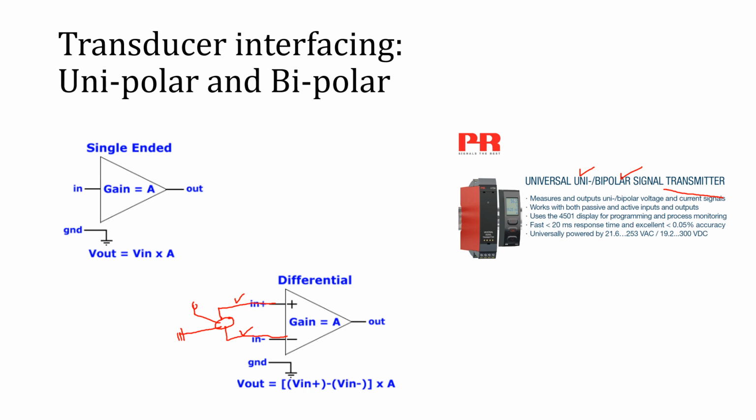So transmitter means when the transducer itself has the capability of connecting with a field bus or a 4 to 20 milliampere connecting line, a telemetry line, then that is called a transmitter rather than a transducer.